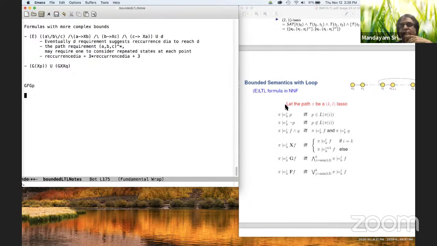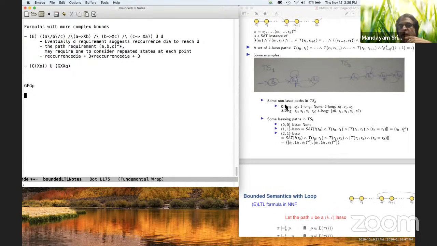So the path I'm asking you to do was, say, S0, S1, S2, S3, it doesn't matter, okay? I'm taking a path, and suppose I'm looping back to S1.